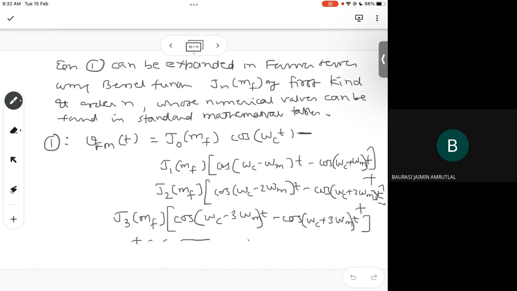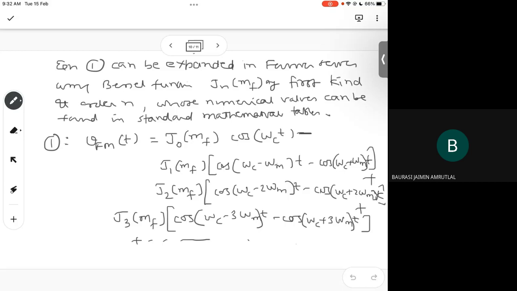Suppose my carrier frequency is 1000 kilohertz and my message frequency is 1 kilohertz. So I will get 1000 minus 1, 999, 1000 plus 1, 1001, 1000 minus 2, 998, 1000 plus 2, 1002, 1000 minus 3, 997. So many side frequencies will be there, and their amplitudes will also change.